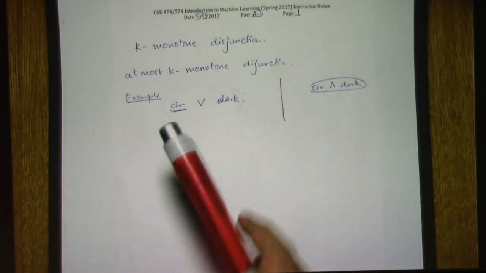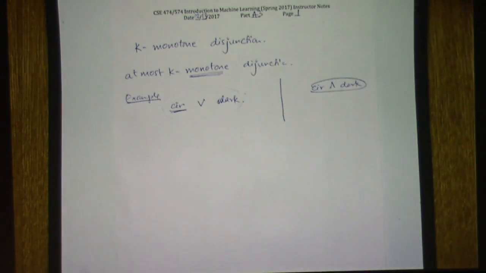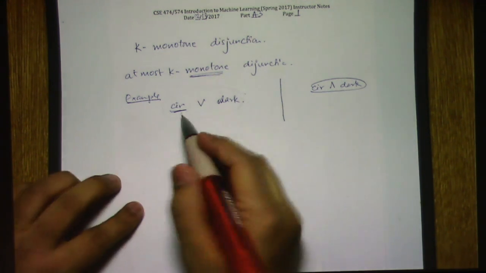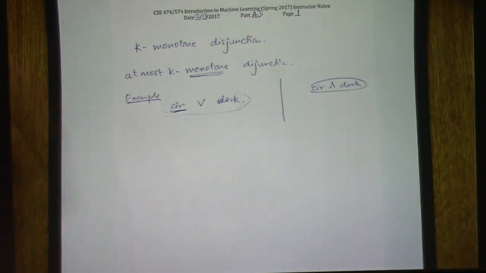Another constraint that we put on these is the notion of monotonicity. What that means is that the features can be expressed as true or false. In our example, we've been using semantic names like circular, dark, and so on.